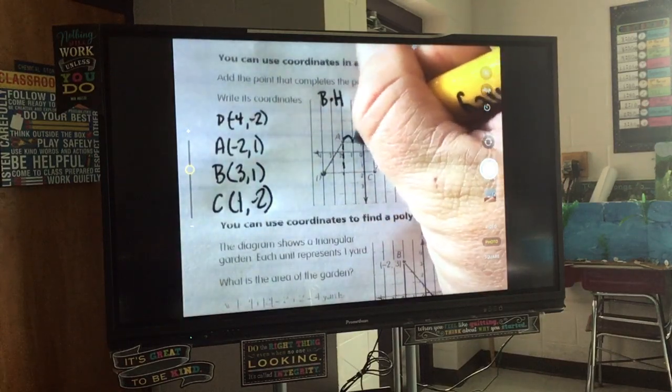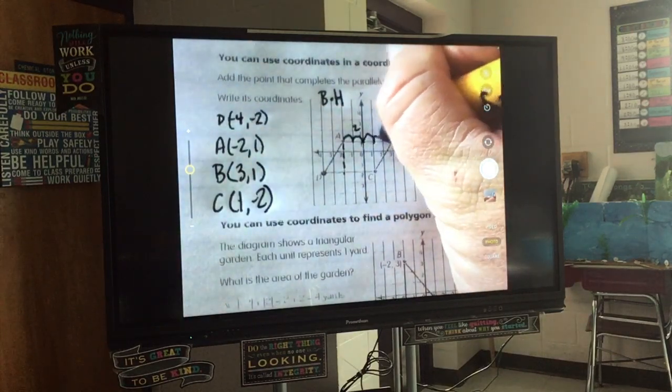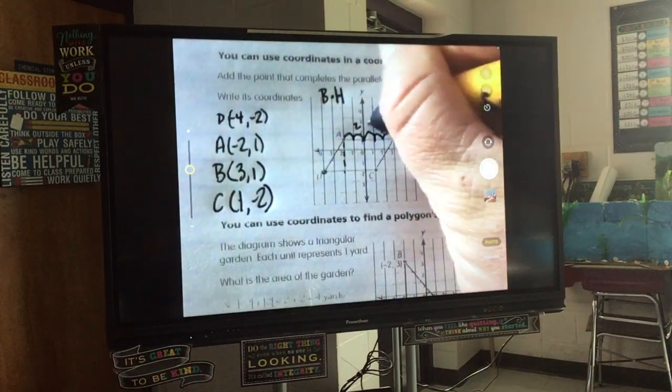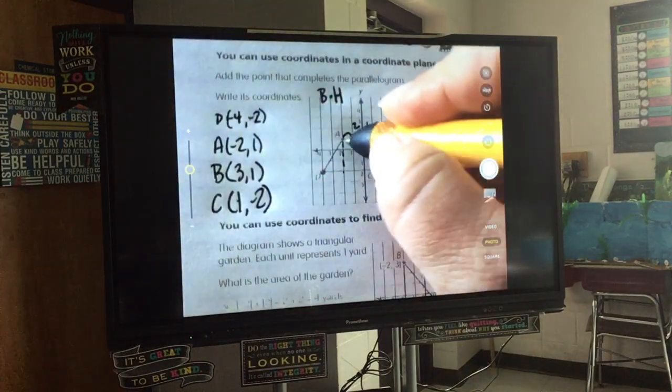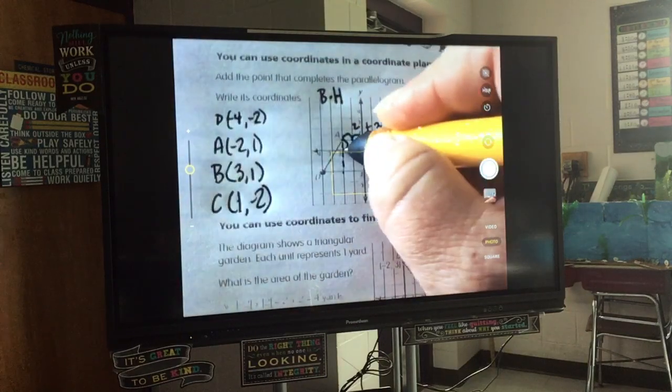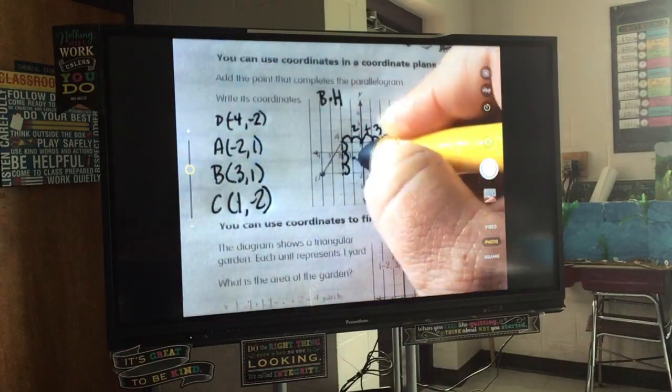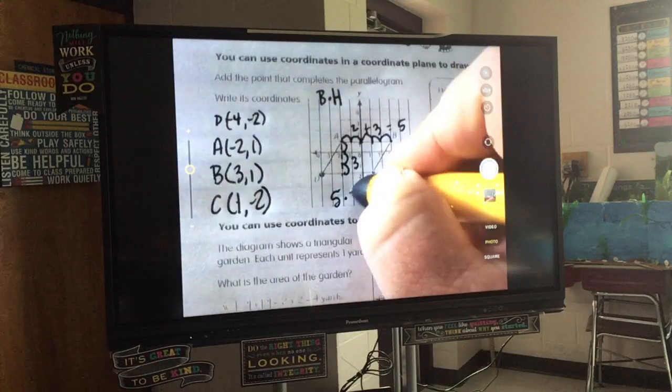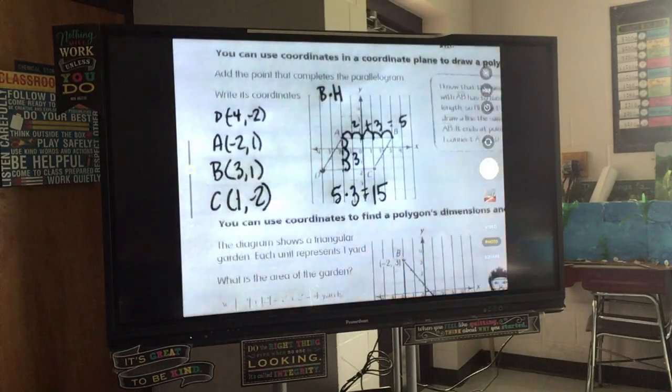Okay, so I'm going to go 1, 2, and 1, 2, 3, so the top is going to be 5, and then from the height, I'm going to go 1, and then 1, 2, so that's 3. So it would be 5 times 3, which would equal 15.